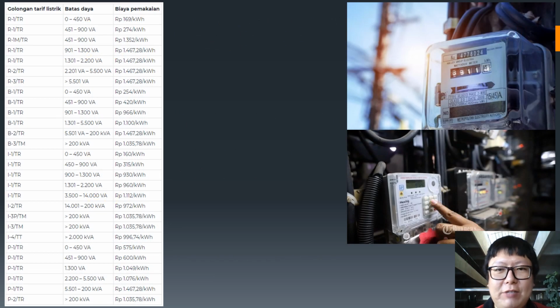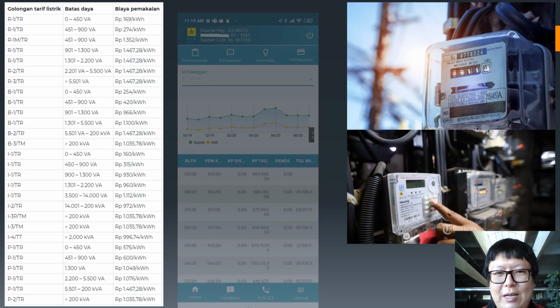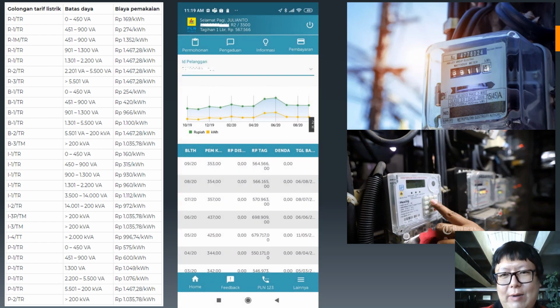How about the electric usage in our home? I think all of your houses must have these two devices. This one, and this one, right? This is the one that the officer or the PLN people will come and check your usage with.